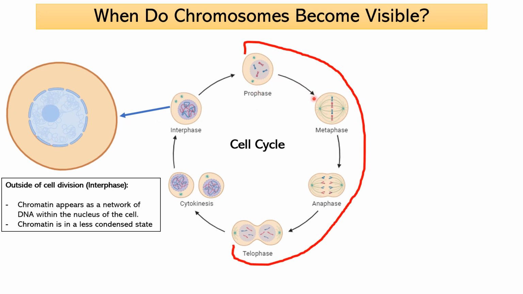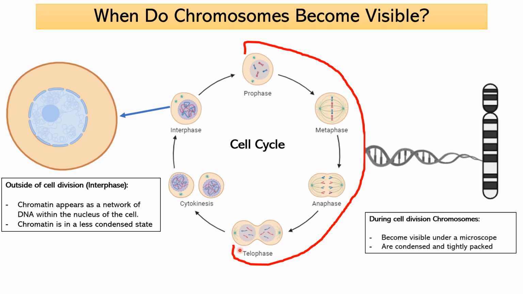However, in the other stages, as we can see here from the image, we can see the structure of chromosomes within these phases. What happens is that during cell division, the DNA gets even more highly compacted than what the cell usually has in the interphase.